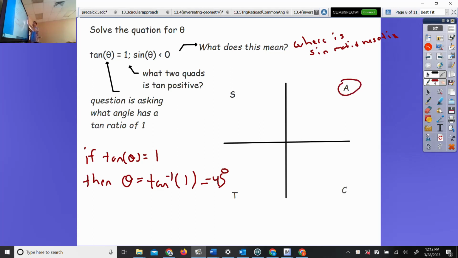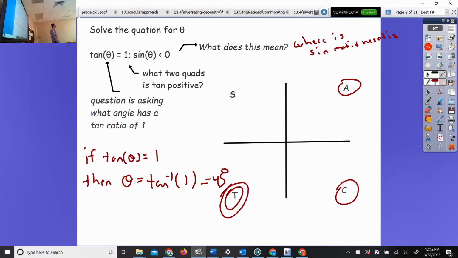A and T. A for all, T for tangent. Now, the other part is where is the sine ratio negative? Three and 4, that's right. Which quadrant satisfies both? 3.